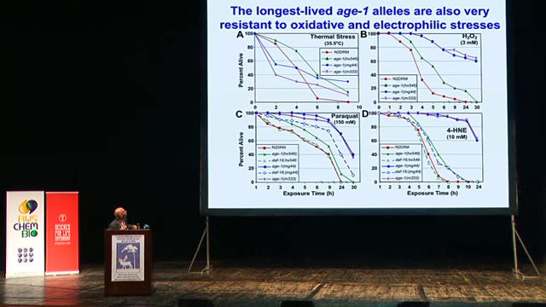In green is the weaker age-1 mutant, and the DAF-2 mutant is about the same place as well. That's an insulin receptor ortholog. And these 2 very long-lived null mutants are much more resistant. Same for paraquat, another oxidative stress, or for HNE, which can be regarded as an oxidative stress, but it's also an electrophilic stress. So these worms are very stress resistant. Next.